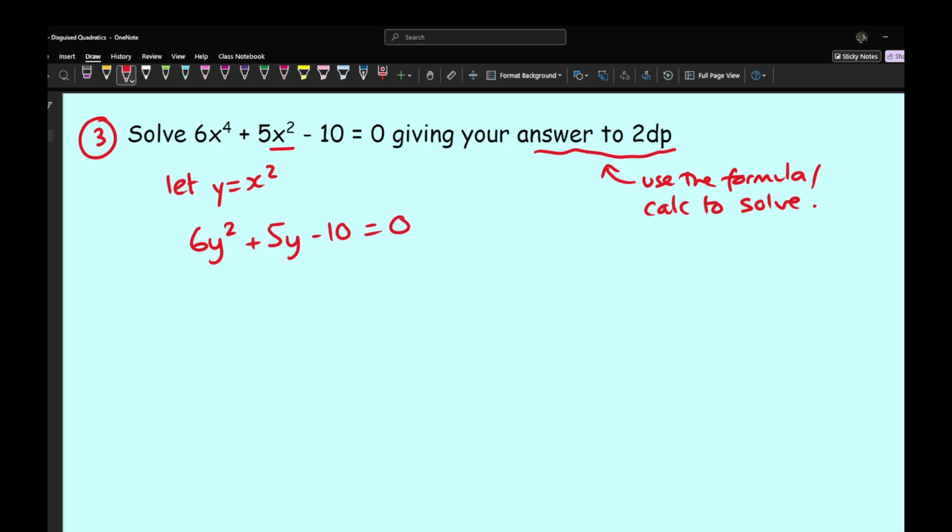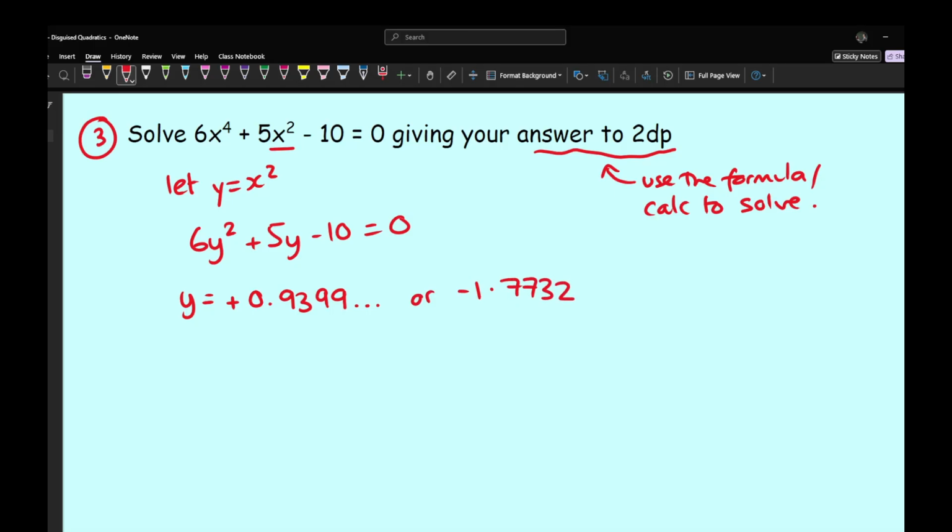Then from this, I want to make sure it's equal to 0, and then I reach for my calculator, and I can go on and solve this quadratic equation, in which I get y equals 0.9399 to 4 decimal places, or I'm going to get an answer of minus 1.7732.